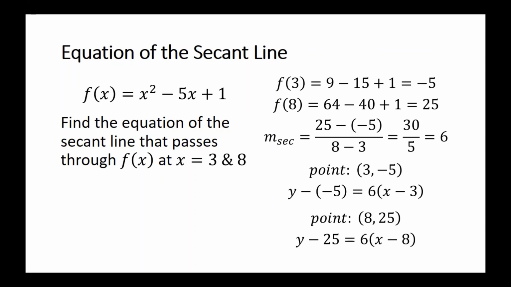So we were able to find two different equations in the point-slope form. If you want to, on your own, you can solve those equations for y and put them into slope-intercept form, and you will find that you come out with the exact same equation.